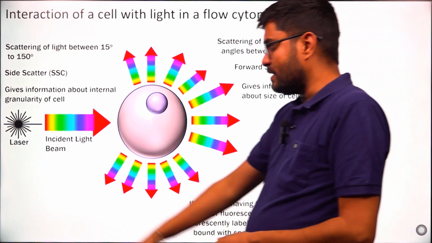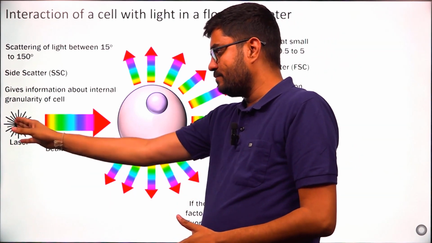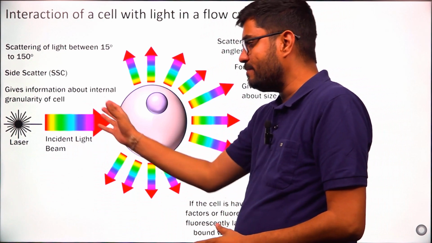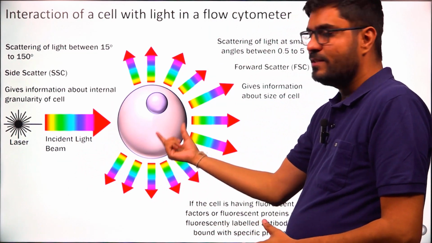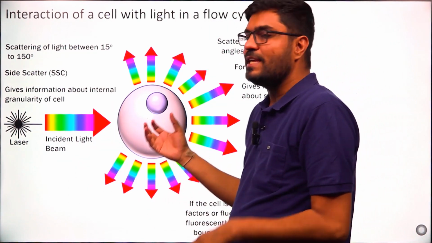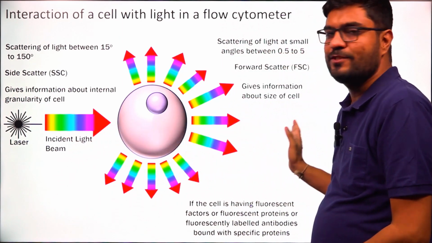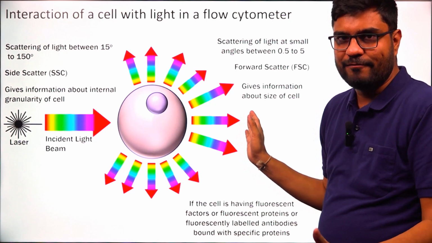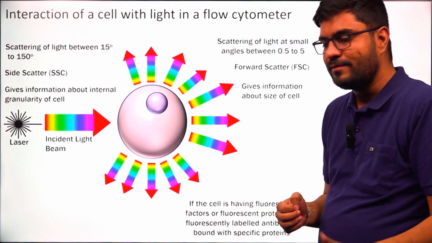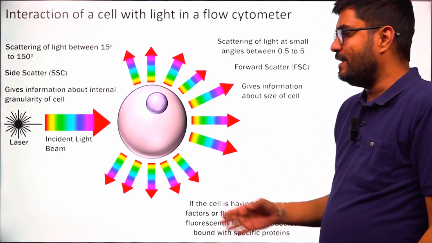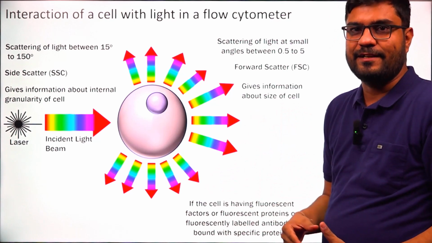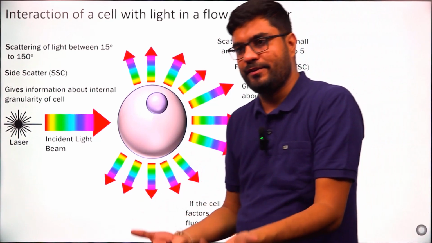Here is our light source, the laser. Then we have the incident light beam, and here is our single cell. If the cell is not coming, then the laser easily passes through the liquid, because there will be only buffer, there will be no cell, and it is detected by the detector as no event.